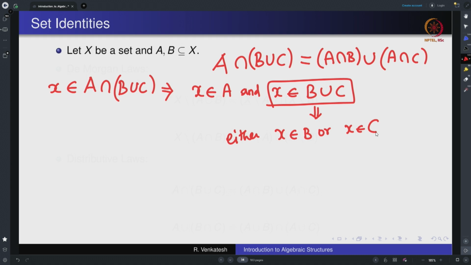Okay. So, now if we rewrite this, x is in A and either x is in B or x is in C. So, now that means what?